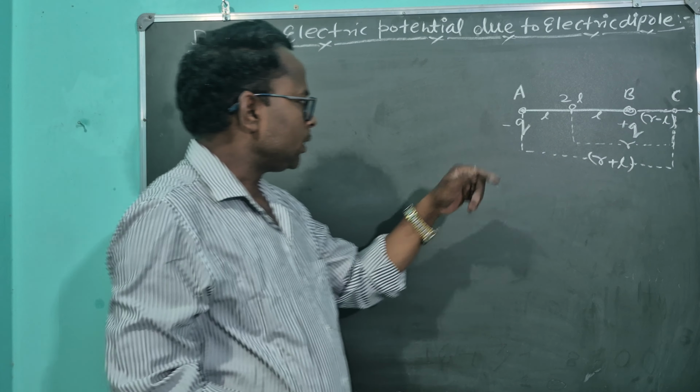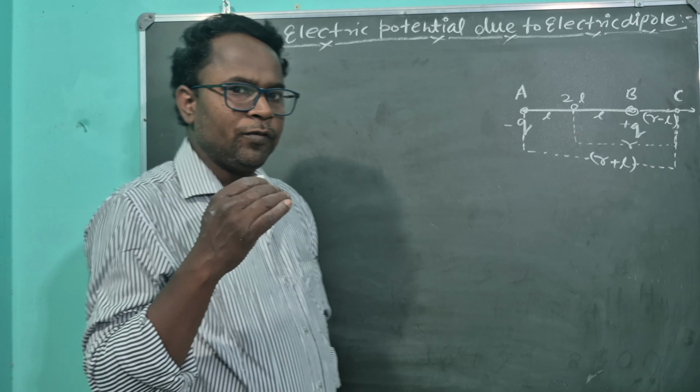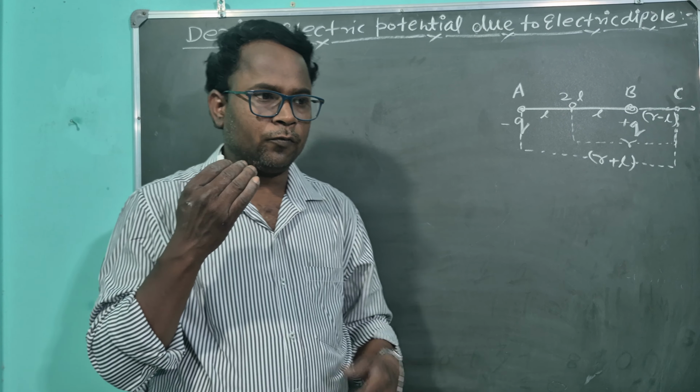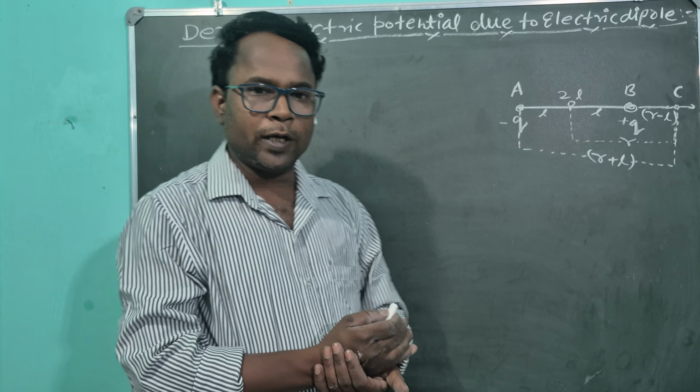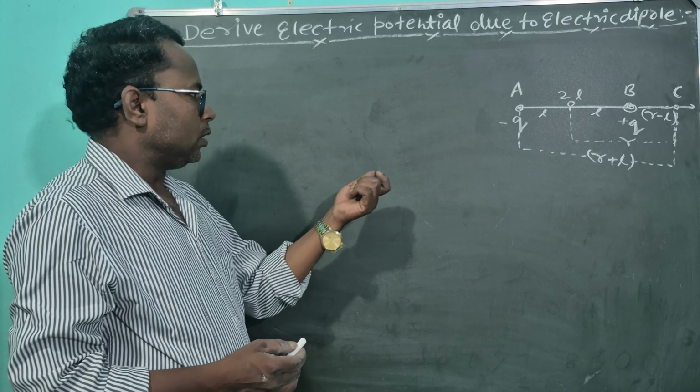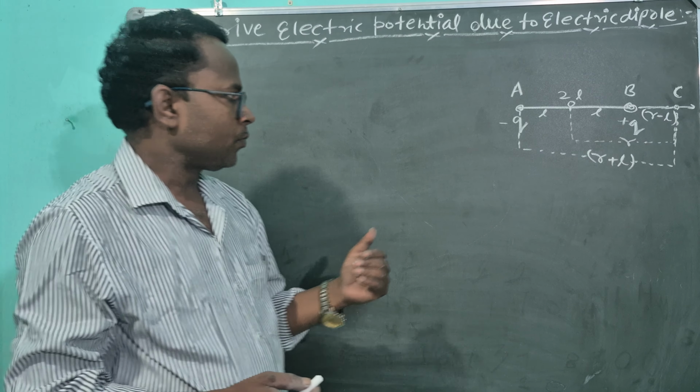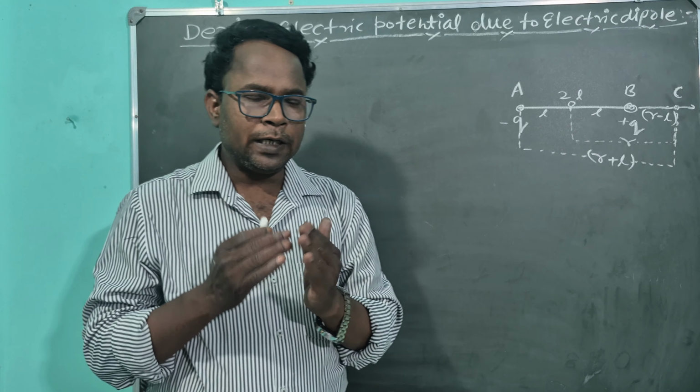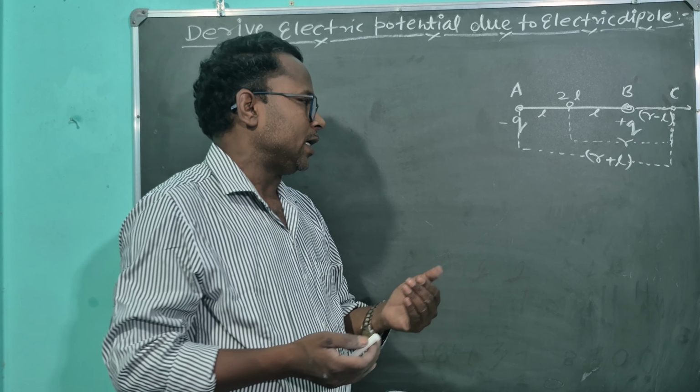Okay. Then we will find the formula of electric potential due to an electric dipole in the axial position. We know the electric potential due to a point charge.